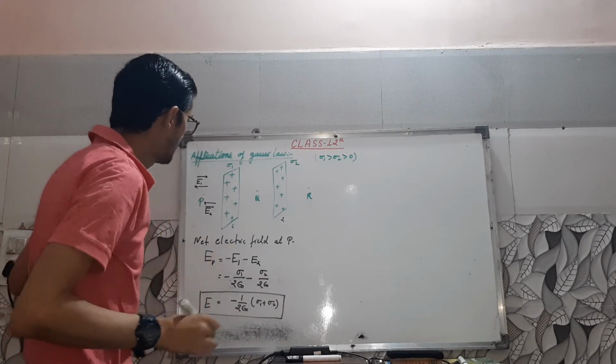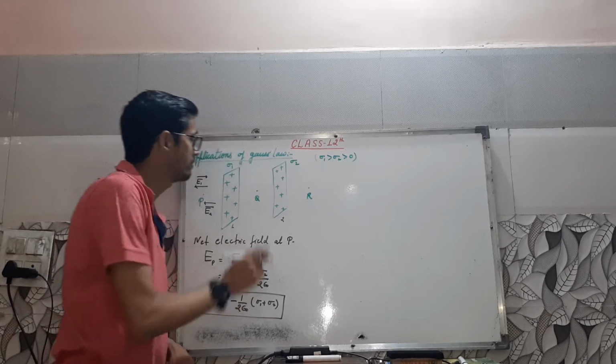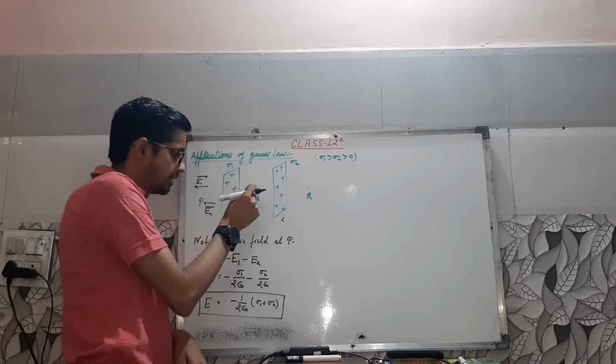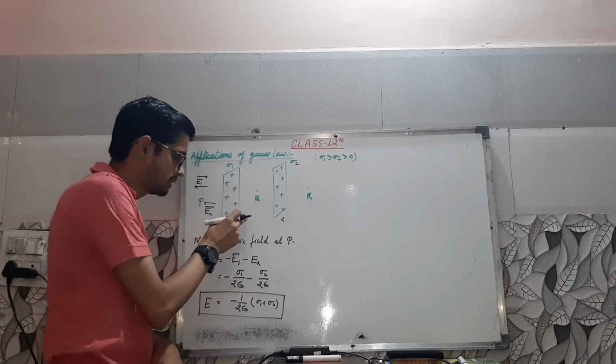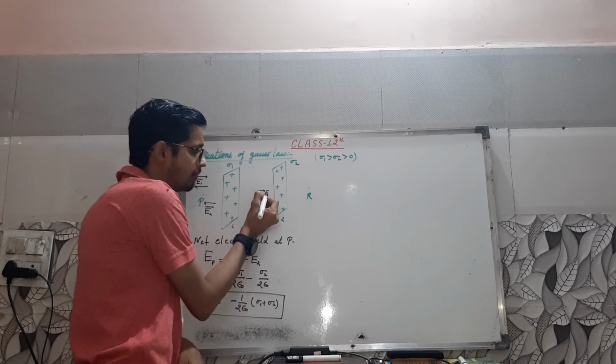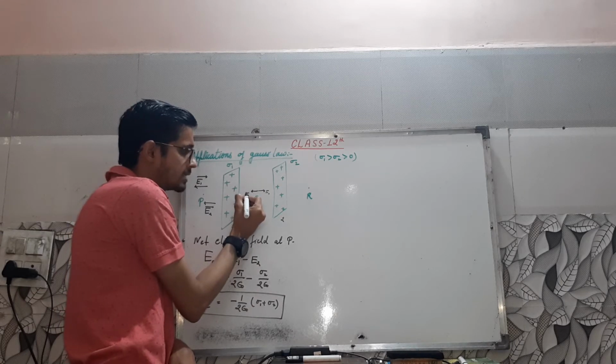Now what is the net electric field at point Q? First of all, what is the direction of electric field due to sheet 1? Answer is in this direction, but due to sheet 2 it is in the opposite direction, E2.